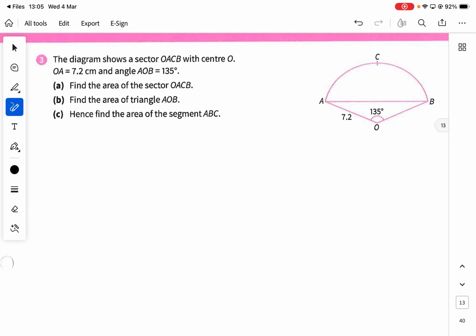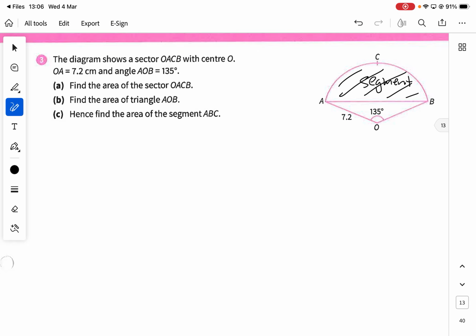If I pass through here, then it is a semicircle. But a segment means I don't pass through there. This piece here we call the minor segment. Finish this first. Then this bigger piece we call the major segment.